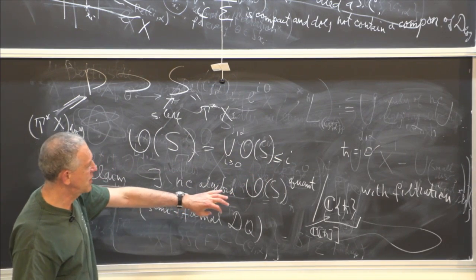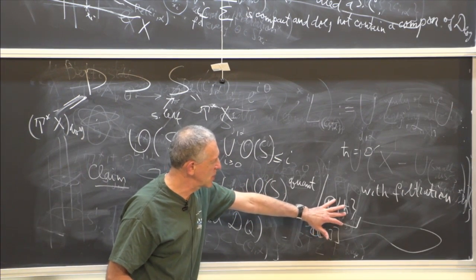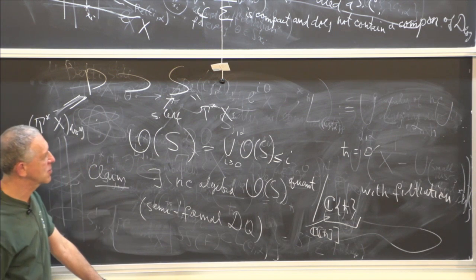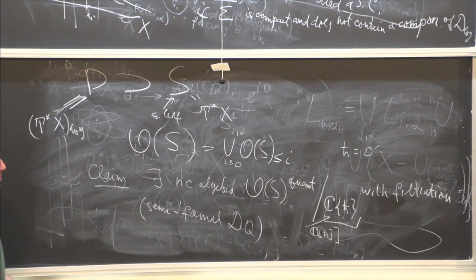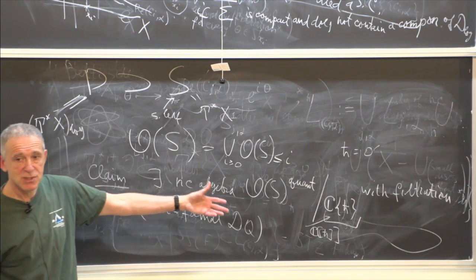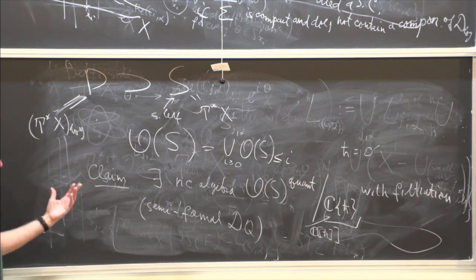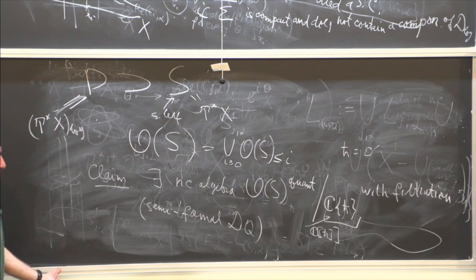If we are over something where we can fix the Planck constant, then we get a non-commutative algebra with filtration, and now we can repeat the story which we played with D-modules. We can consider modules of finite type with a good filtration with respect to this one, and we can define holonomic modules in this way.